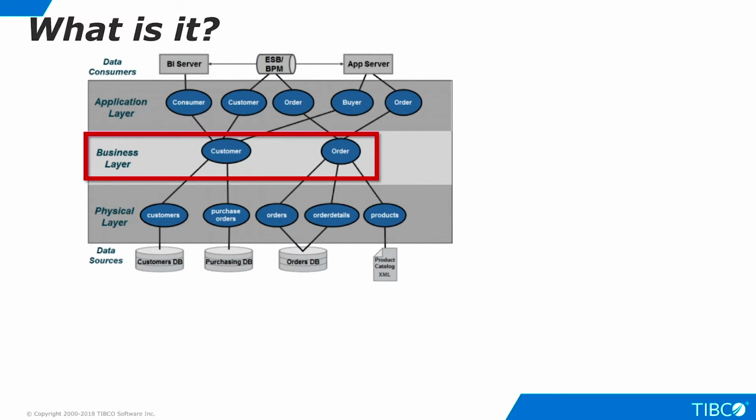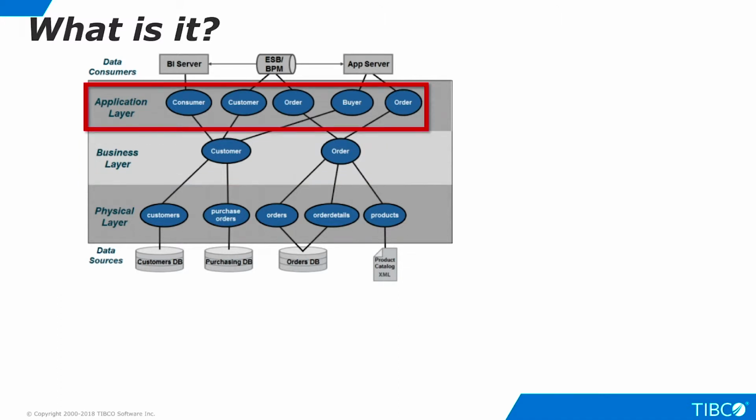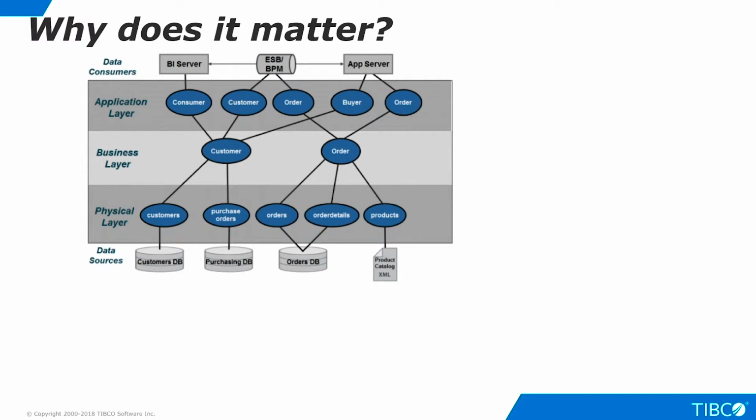Next, we begin joining together physical layer resources to produce business layer resources. At the business layer, we are building coarse-grained data resources that have some important enterprise-wide meaning and might be used by many different projects. Finally, at the application layer, we tailor the business layer resources to meet the needs of individual projects.